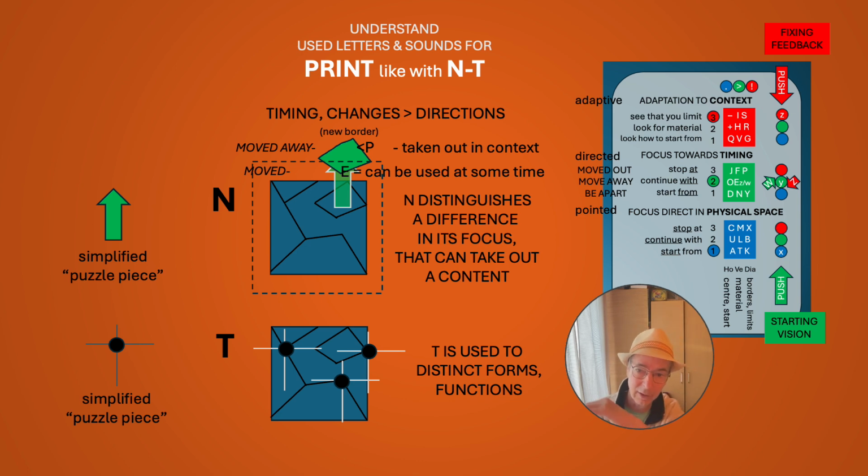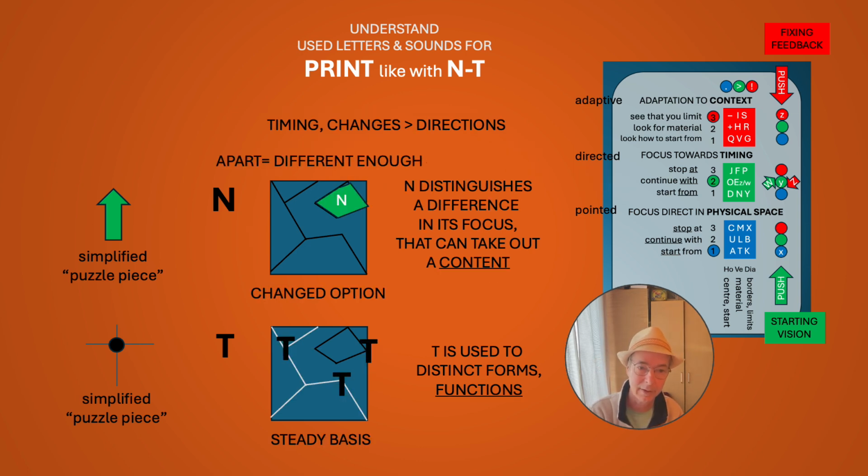That's already the green level, where you try to make distinctions that no longer hang together so much as, for instance, on the lowest level in space. So basically, N is a distinctive focus that you can take out as a separate content.